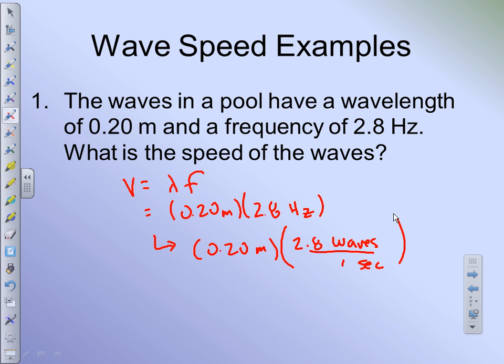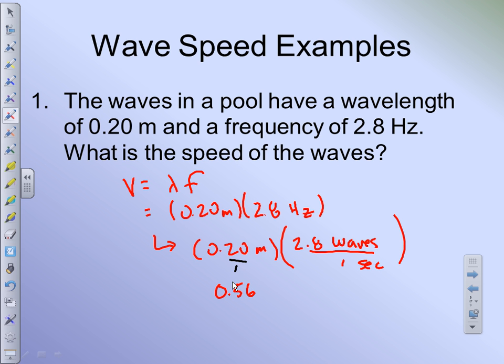All right. So here, if you want to, you can think about putting this over 1 just to turn that into a fraction. That's more your preference mathematically. And then we're just multiplying fractions, so we multiply the tops and the bottoms. So 0.2 times 2.8, when you do that, you should get 0.56.